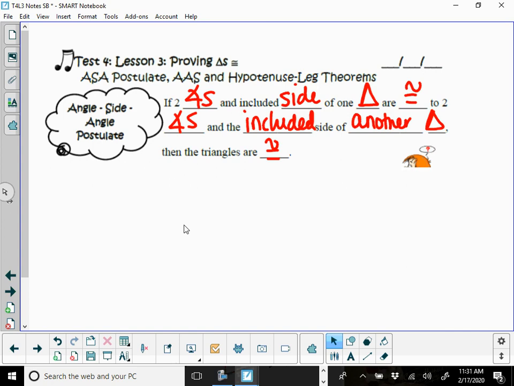All right, so what it's saying here is that if 2 angles and the included side of one triangle are congruent to 2 angles and the included side of another triangle, then those triangles are congruent.